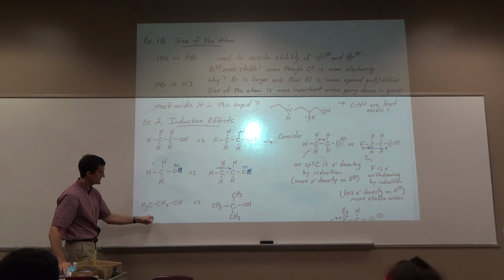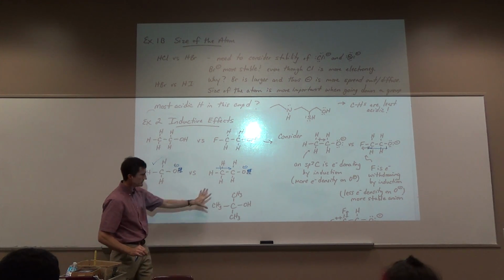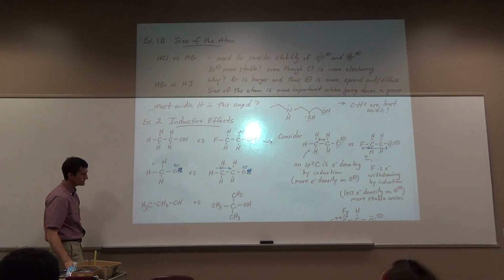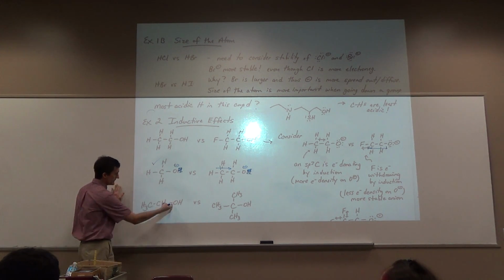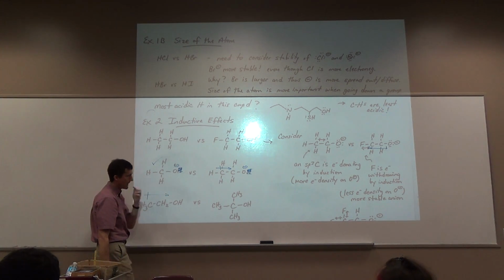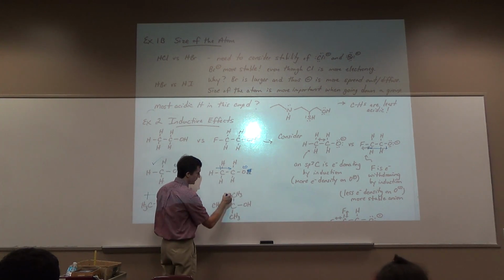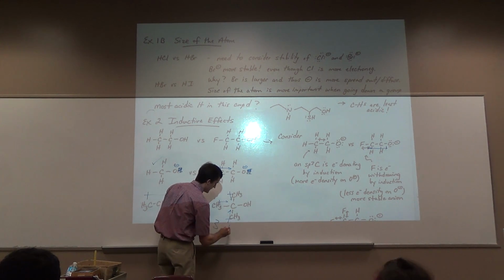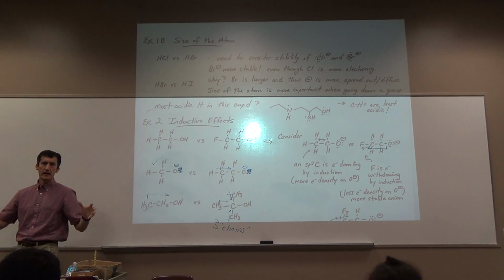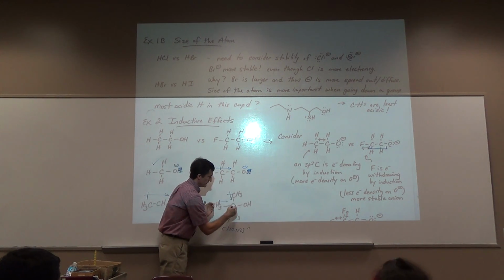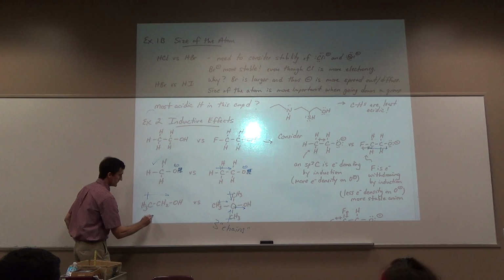Which one's more acidic? Ethanol, or this, which is called t-butanol, 4 carbons, tertiary carbon. This chain of sp3 carbons donates. Here, because it's branched, each one of these is considered to be a donator. It's got 3 chains, and they're all pumping electrons into this carbon and into here, where this one only has 1 chain.